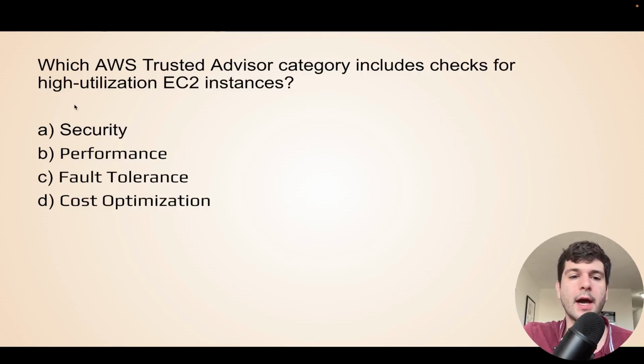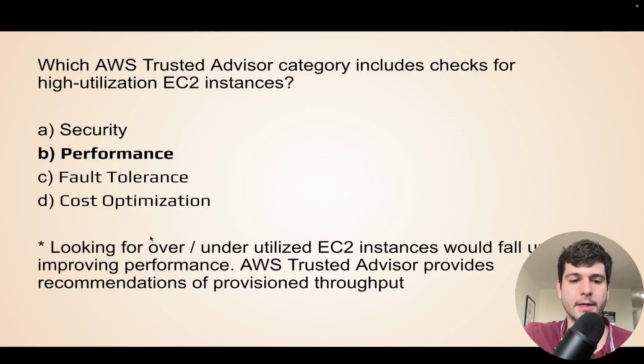So checks for high utilization EC2 instances. So we know that's not security or fault tolerance or cost optimization. If we're talking about high utilization and provisioning and stuff like that, it's going to be performance. So we're looking for over or underutilized EC2 instances, which would fall under performance. AWS Trusted Advisor provides recommendations of provisioned throughput.